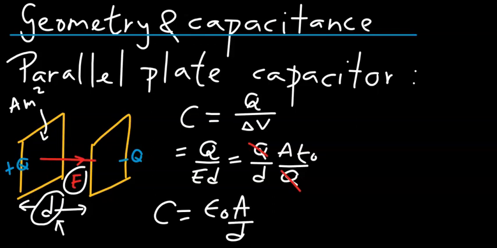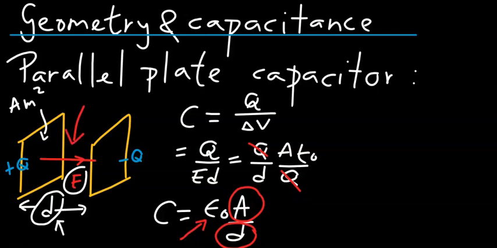So now you clearly see how the capacitance of a parallel plate capacitor depends on the dimensions, namely the area of the parallel plates and also the separation distance of those plates. It also depends on the permittivity of vacuum, meaning what is in the region between the two plates.